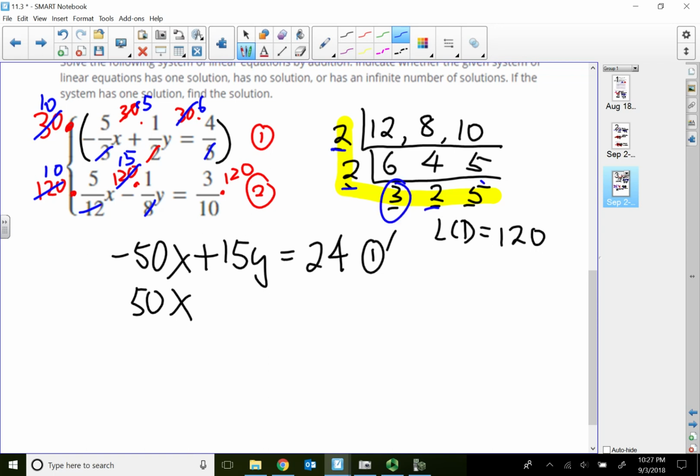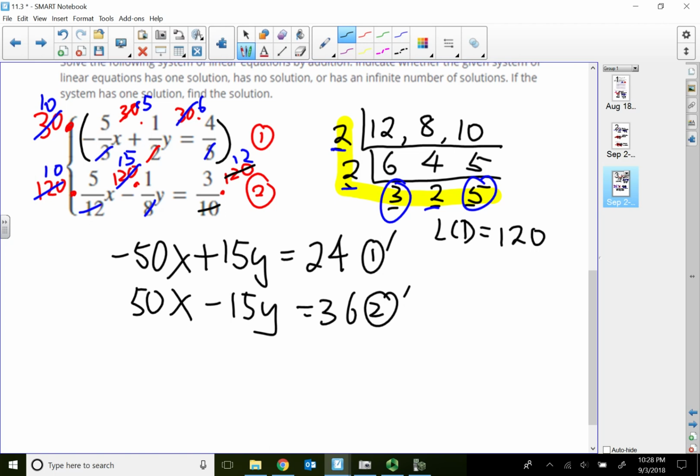So 8 times 3 and 5 has got to be 120. So 8 goes into 120 15 times. That's how I know it so quick. So that'll be minus 15y. 10 and 120 reduce into 1 and 12. 3 times 12 is 36. Alright, that's my second equation prime.